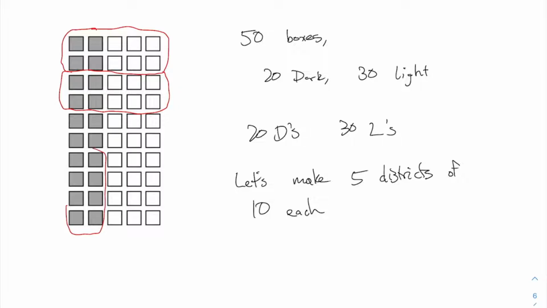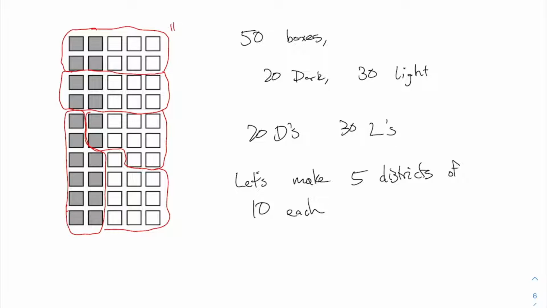That's 8, 9, 10, like that. I'm making sure to put 10 boxes in each district. And then I'm going to do one like this. There's 10 there and 10 down here. All right, those are my 5 districts. I made 5 districts of 10 people each. Maybe I'll give them numbers.